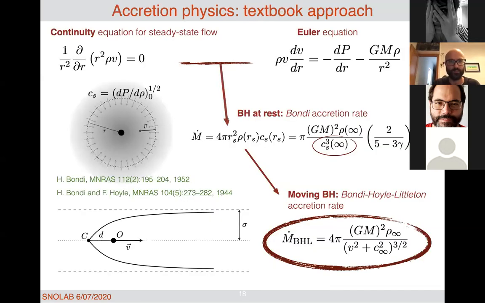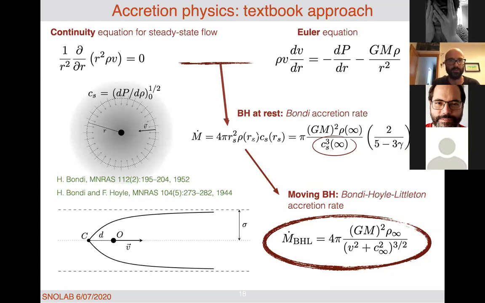In order to study this problem, you have to model the accretion of baryons, of interstellar gas, onto the black holes. There are many ways to study this problem. Typically, the first step in the literature is a simple approach based mainly on fluid mechanics. You can compute the accretion rate of matter onto these compact objects by applying the simple fluid mechanics equations, basically the continuity equation and the Euler equation.